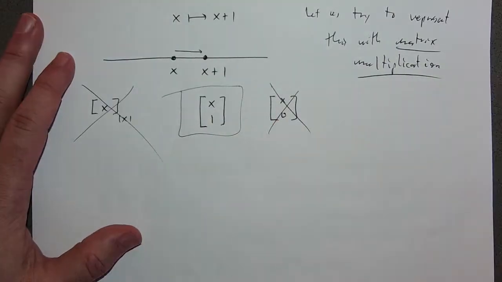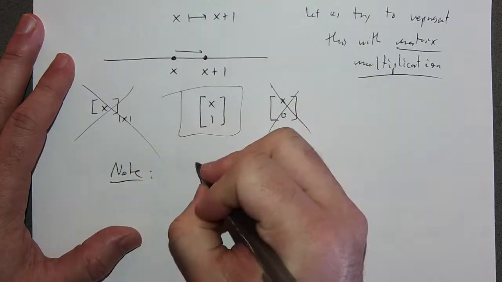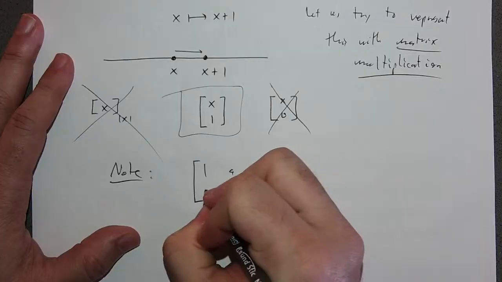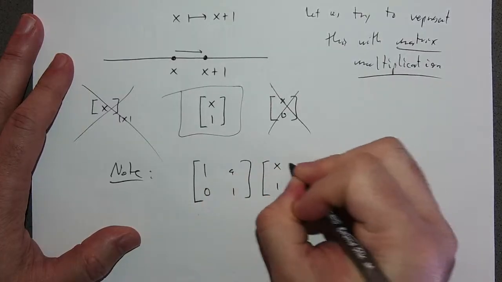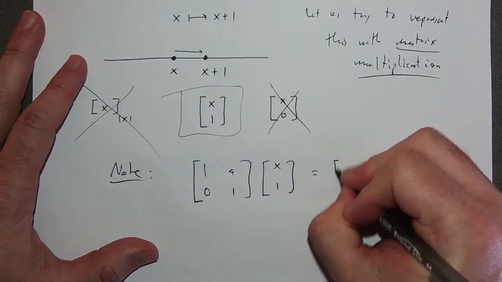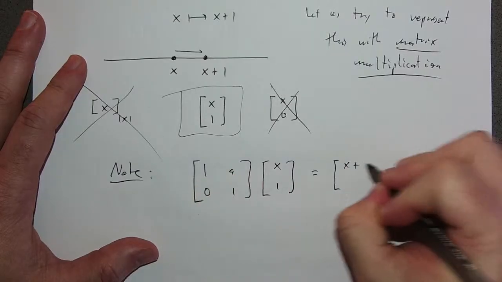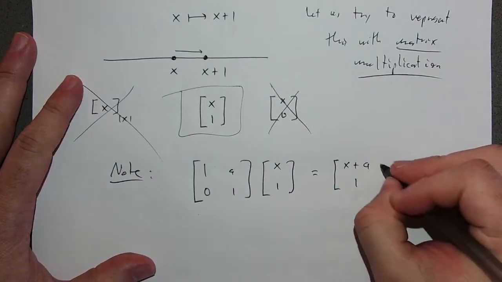So what I'm going to do here now is notice that this 2-by-2 matrix, 1 a, 0 1, multiplying my vector x, 1, what does that do? In the top slot, this would be x plus a, right? And in the bottom slot, this would be 1.